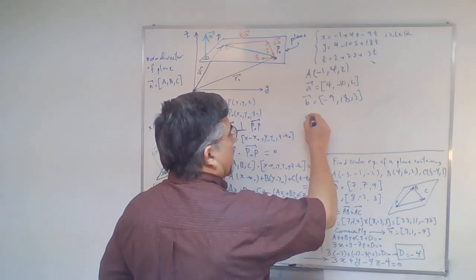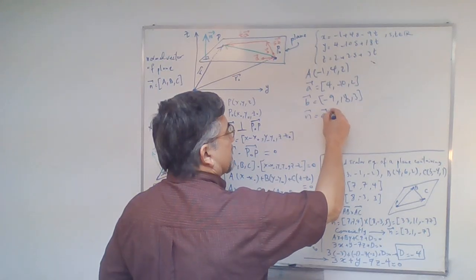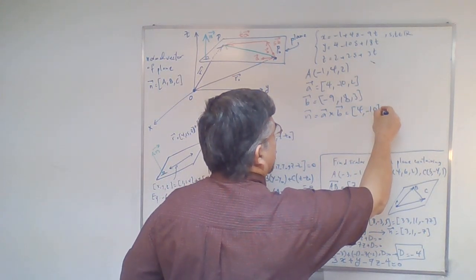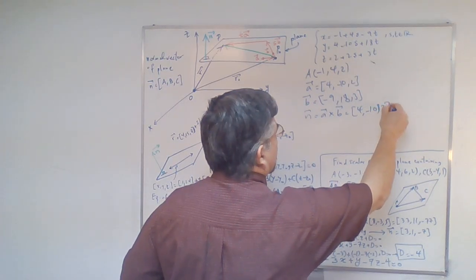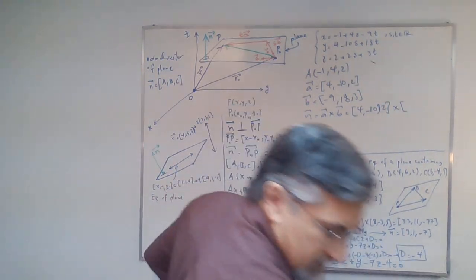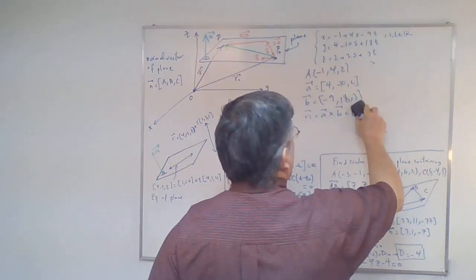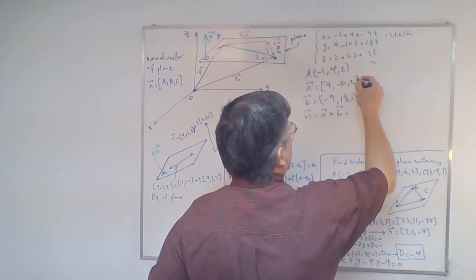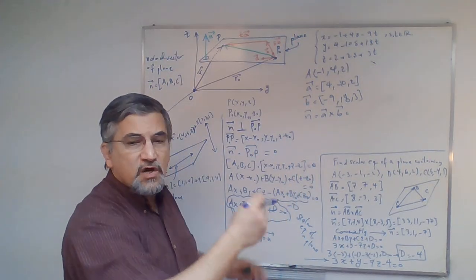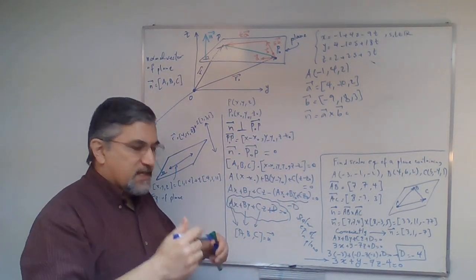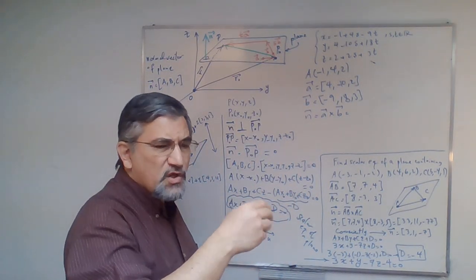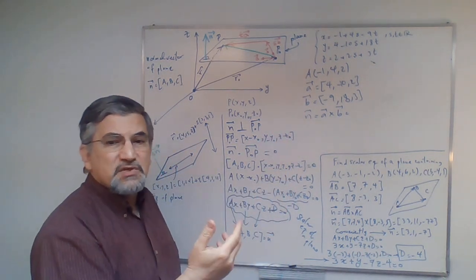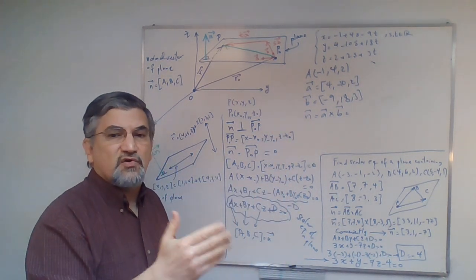So right now, I'm going to say n equals vector A cross vector B. So 4, -10, and 2 cross... I have to make this a bit easier. Instead of 4, -10, 2, we can just reduce these numbers, because any vector that is collinear with vector A and collinear with vector B can be taken into account as the direction vector of the plane.